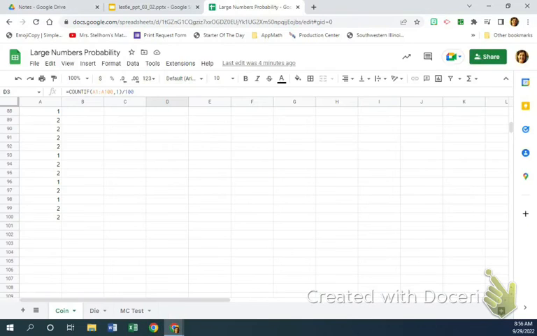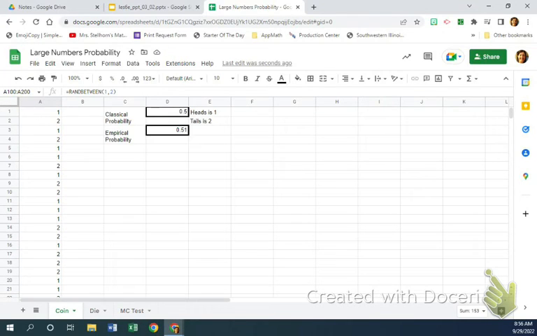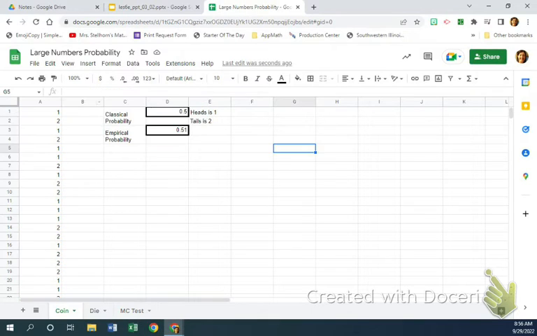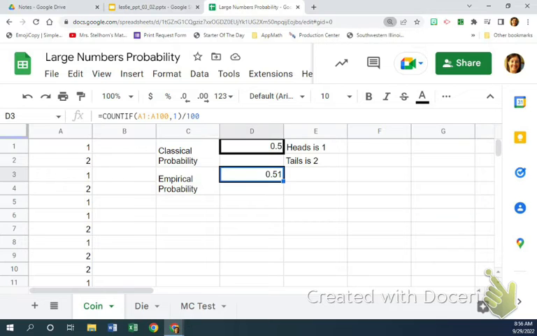All right, so the law of large numbers. Let's go down to 100 and copy and paste this for another 100, all the way up to 200, and see if we can get closer to 50%. But the thing is, after we increase that to 200, now I have to change my empirical formula, not just count to 100, but now we need to count it to, here, let me zoom in.